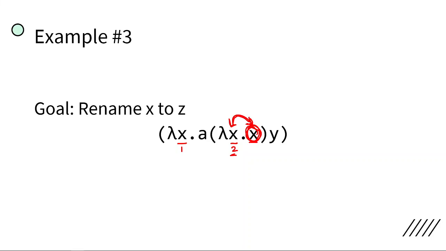So again, this x that is circled is not bound to number 1, because it is not within the scope of number 1, since it is like a local variable of this function. Therefore, number 1 has no effect on it.